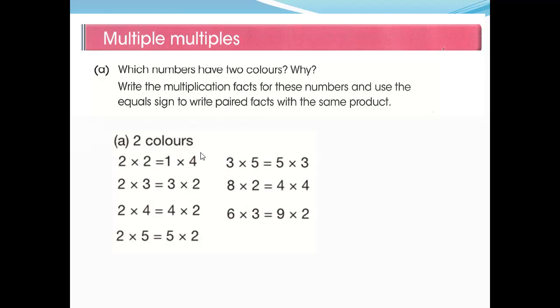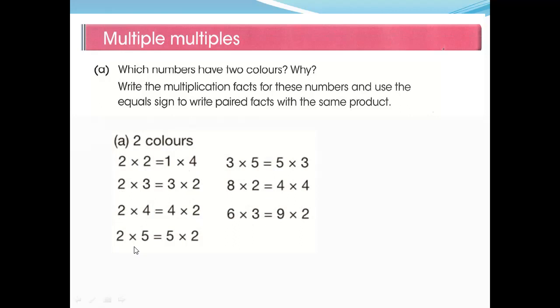Okay, if someone has also answer 4, then we should mention it in the three colors answer. Like this, 2 multiply 3 is 6, 3 multiply 2 is also 6, 4 multiply 2 is 8, 2 multiply 4 and 4 multiply 2 also both have the same answer.